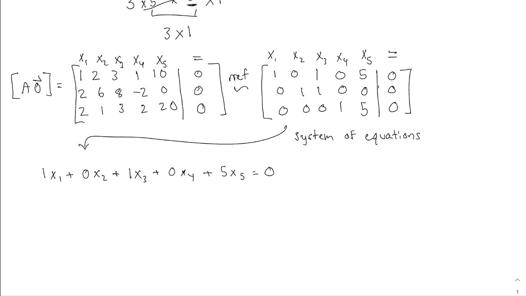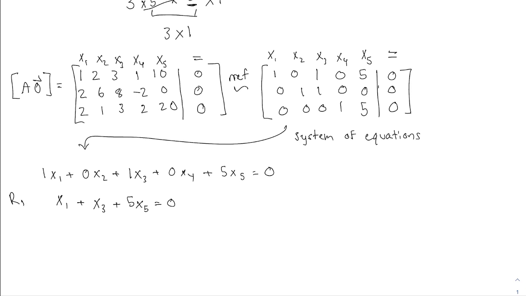I'm actually going to simplify this a little bit more to x1 plus x3 plus 5x5 equals 0. We don't need to take into account the ones and the zeros there. The zeros multiplying the x2 don't really affect our equation. So this is row 1. I'm going to label it row 1.